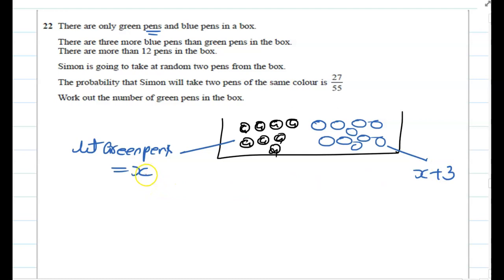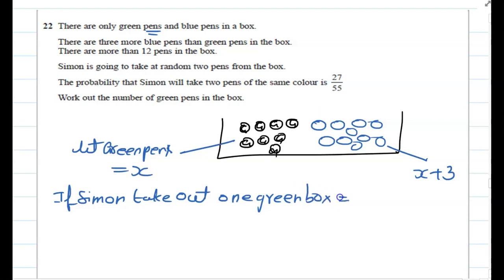If Simon takes out one green pen from the box, so it will be X, and the total, if you add X plus 3 and X, will be 2X plus 3.